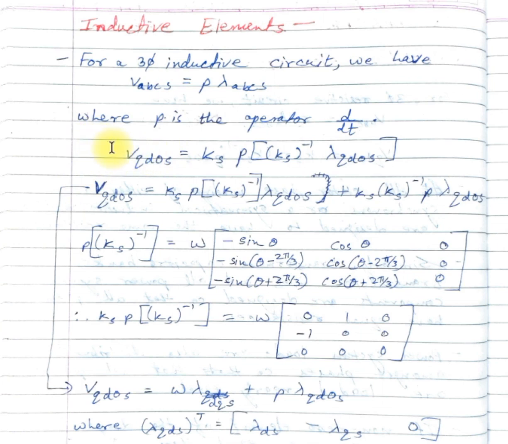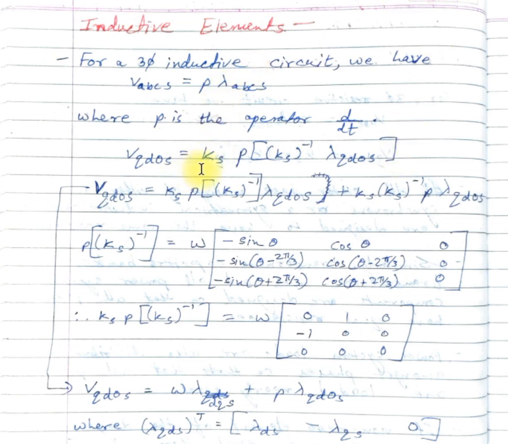The Ks inverse is taken on the right hand side, so it is Ks here. P is as it is, and lambda ABCS is converted, which is equal to Ks inverse of lambda of QD0S, and this is how this equation has been transformed, as we have seen in the resistive element case as well.